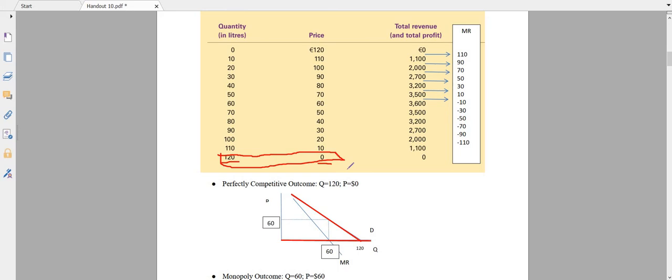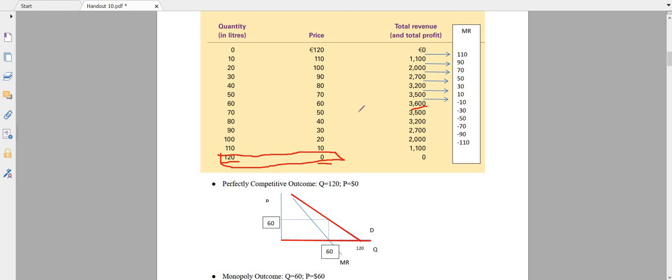Since this is a perfectly competitive market, we know that there's free entry and exit. You can see that as production increases, the profit is going to increase. So it's perfectly normal for a firm to increase its production all the way to 60. You can see that at 60 the profit is maximized, and that profit is equal to $3,600.